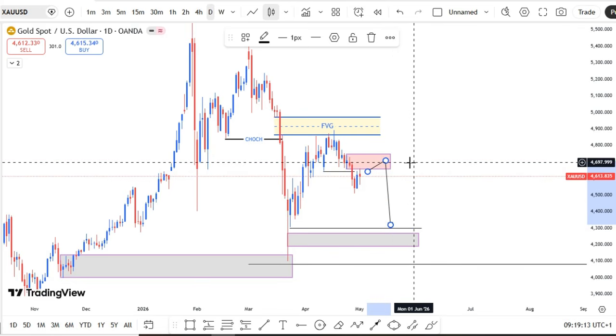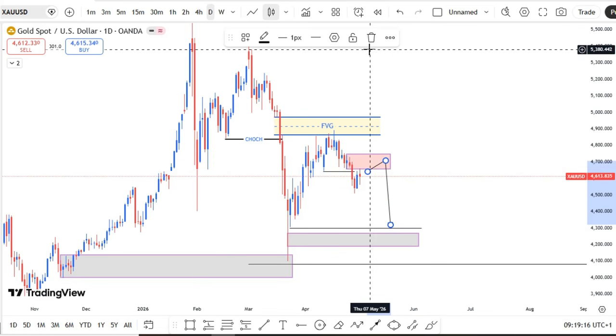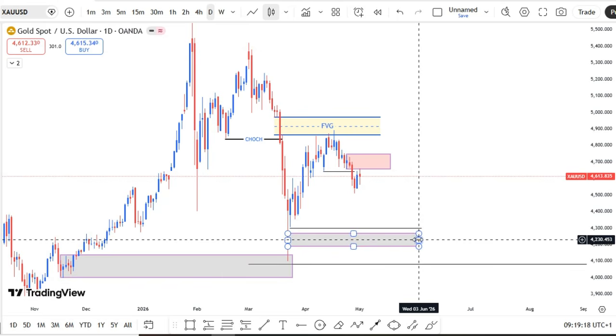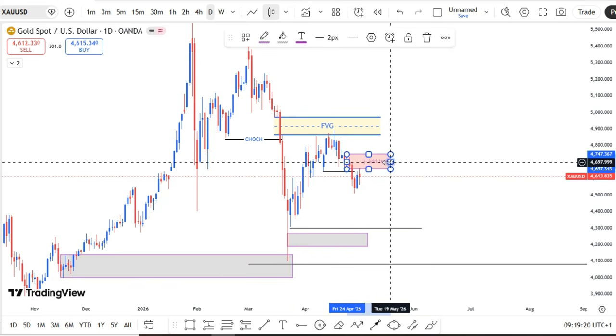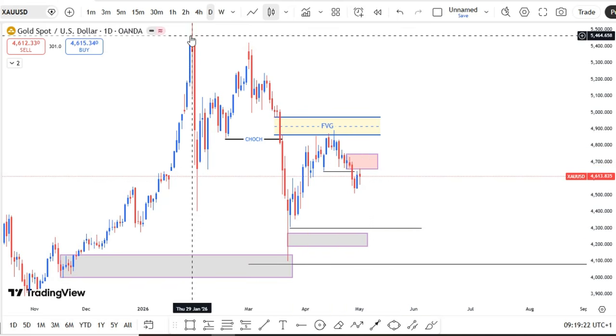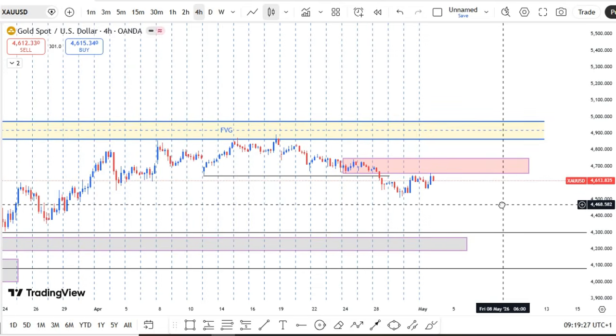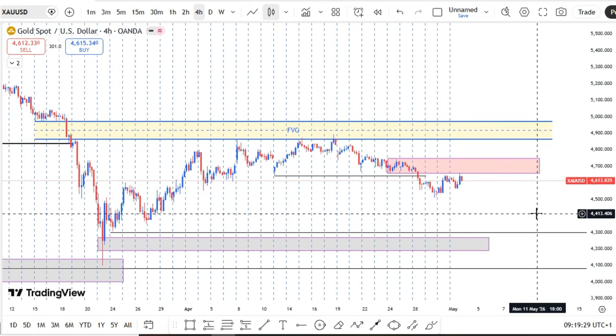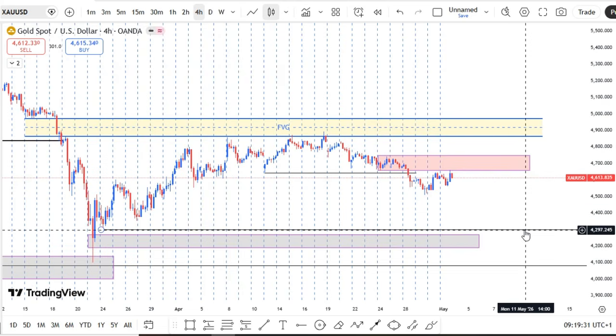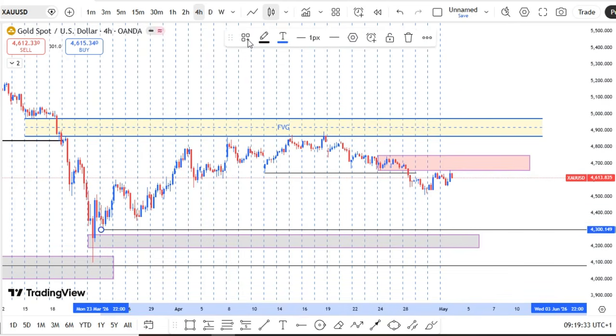So that is what you should be expecting for this coming week. Also have in mind, you have to be following up with fundamentals, so you are not taken unawares.